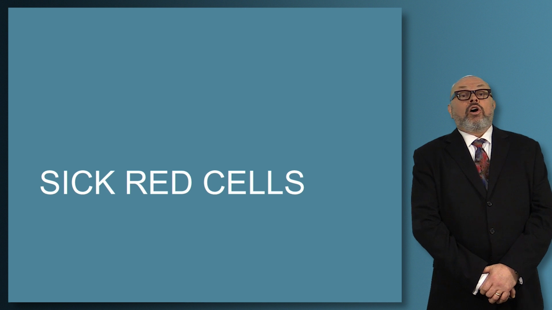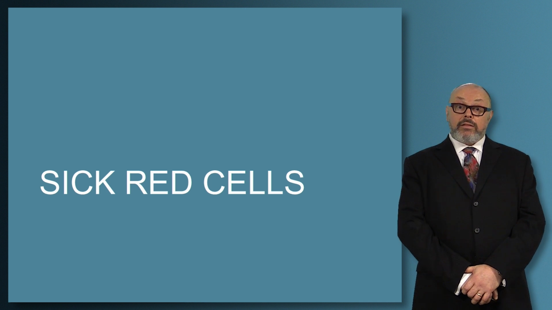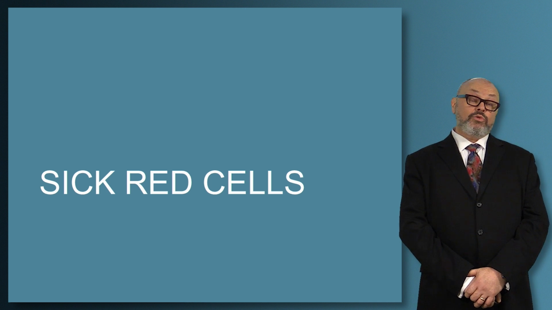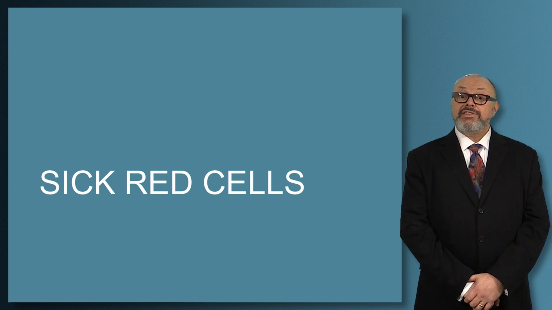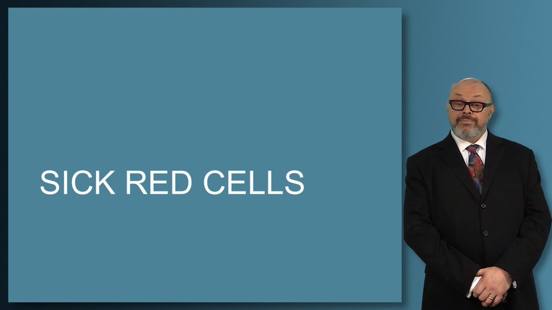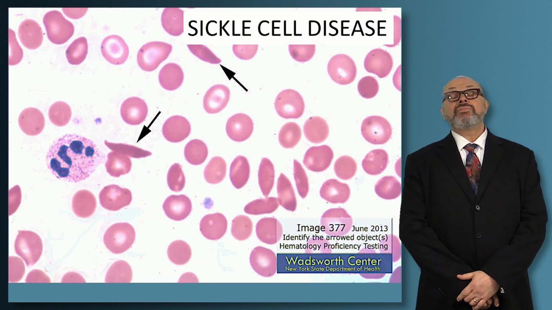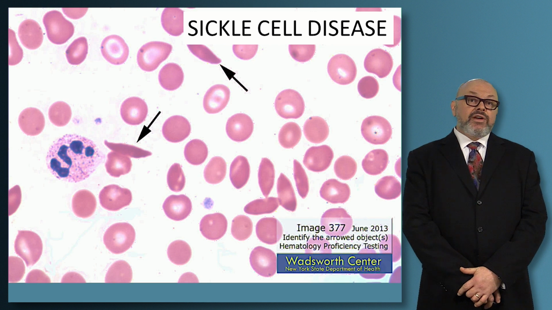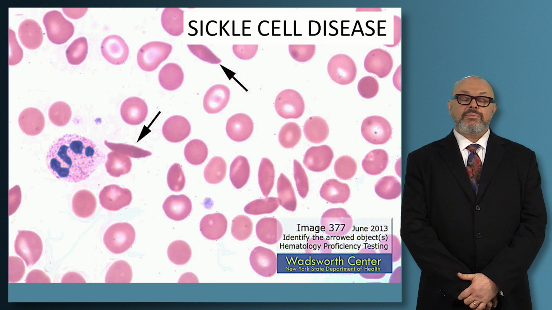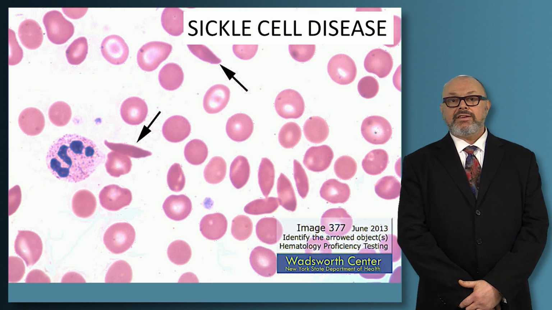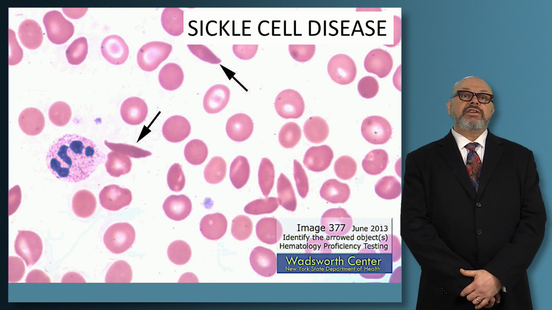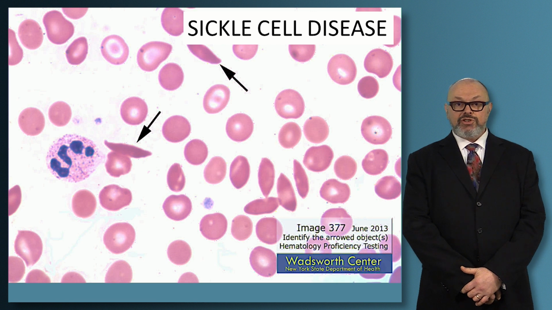Now, although normally in health, red blood cells all look pretty regular, in certain disease states, they can change. And I want to show you a few of these. First of all, sickle cell disease. Sickle cell disease is a very famous hemoglobinopathy. It's caused by an inherited defect in beta globin, which results in a single amino acid change.